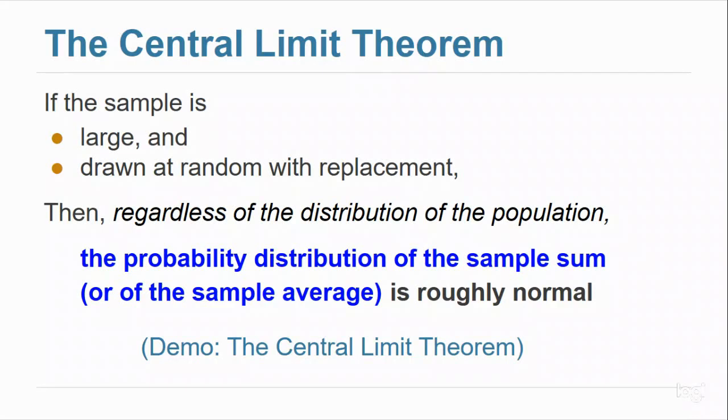It says that if the sample is large and drawn at random with replacement, then regardless of the distribution of the population, the probability distribution of the sample sum, or the sample average, is roughly normal. It's roughly bell-shaped, even if the distribution of the original population was highly non-normal. Let's have a look at this in the demo.